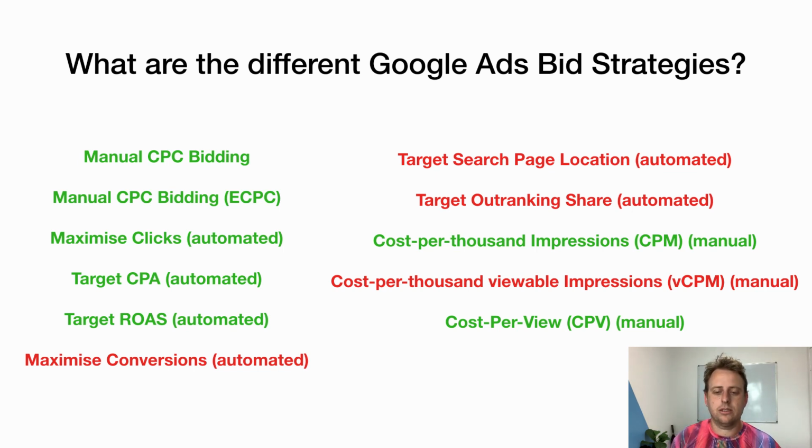Likewise, the red ones, I would recommend you don't use them at this point because you lose a lot of control, and particularly in the case of target search page location and target outranking share, those are not results that are based on money, right?